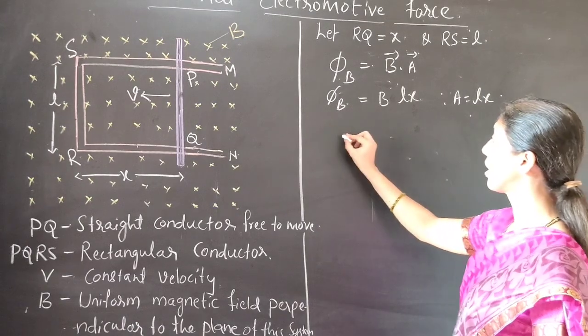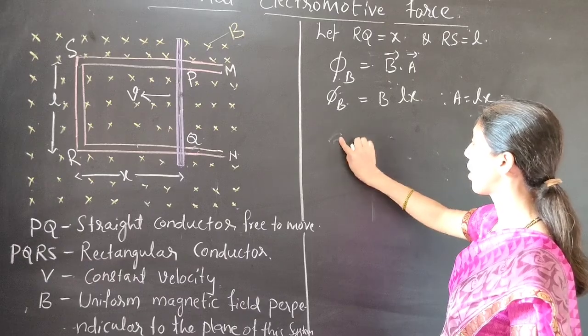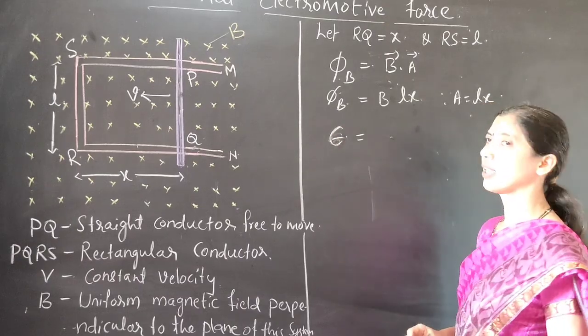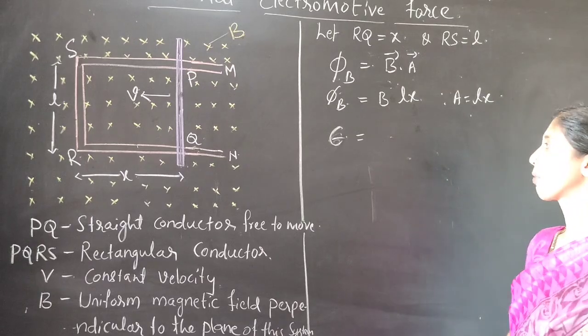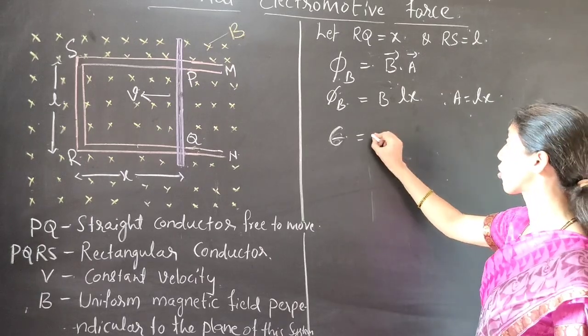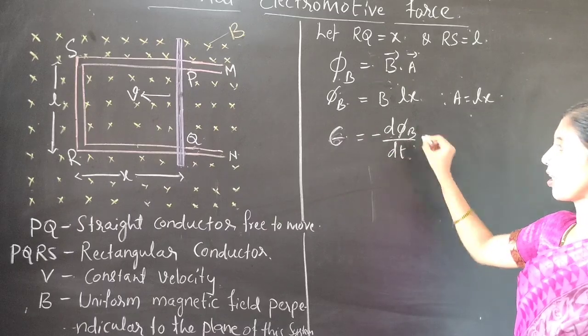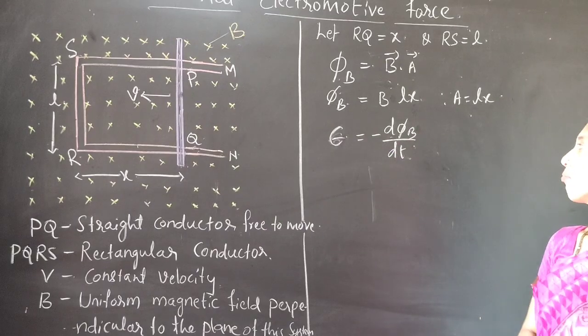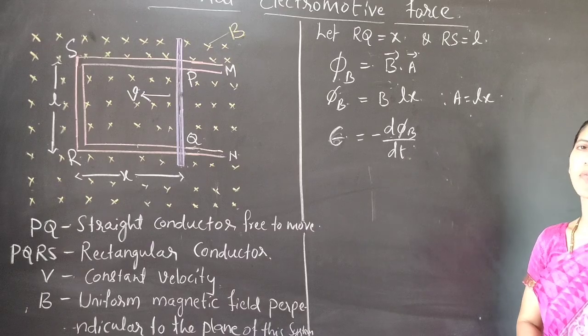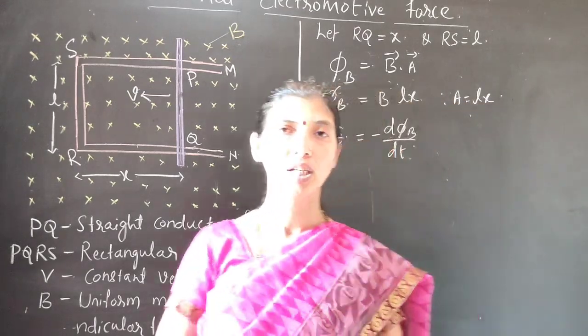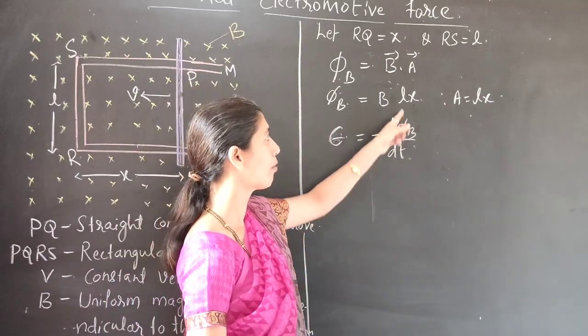Induced EMF E, we have seen from Faraday's law of electromagnetic induction, is equal to minus d phi B divided by dt. Now we have just calculated the value of phi B. Just substitute that value of phi B here.